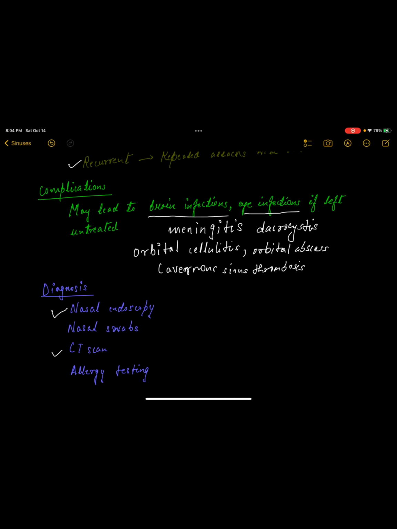Nasal swabs are done to find out the cause of the infection, whether it is bacteria, virus, or fungi. And allergy testing is done if the patient has any sensitivity to any allergy.